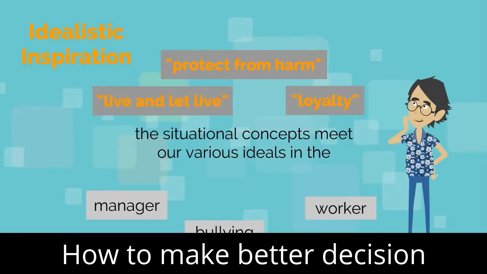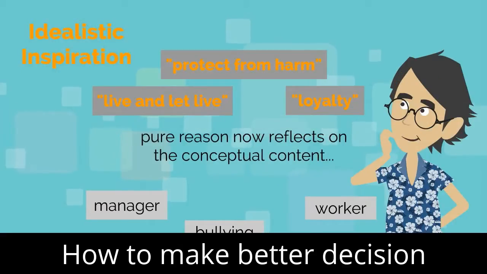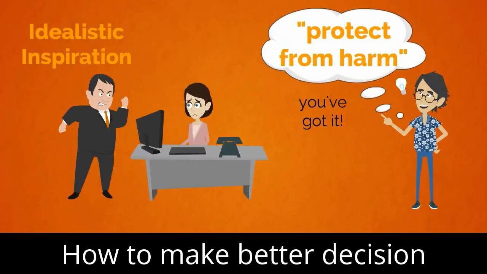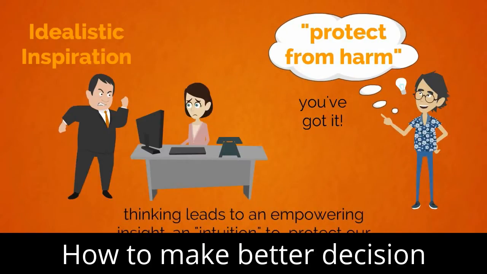The situational concepts meet our various ideals in the conceptual realm. Pure reason now reflects on the conceptual content. You've got it. Thinking leads to an empowering insight, an intuition to protect our coworker from harm.